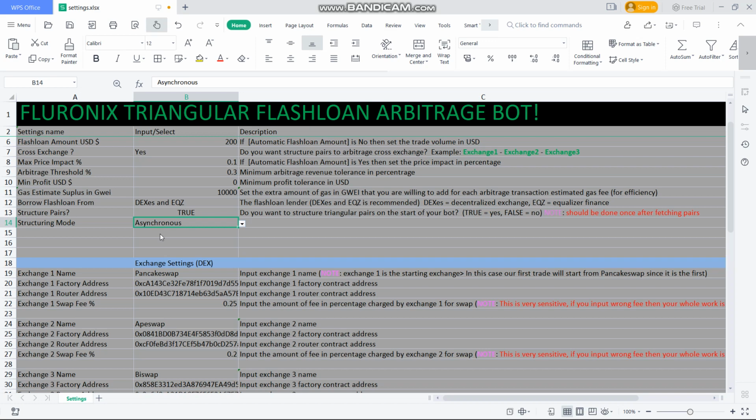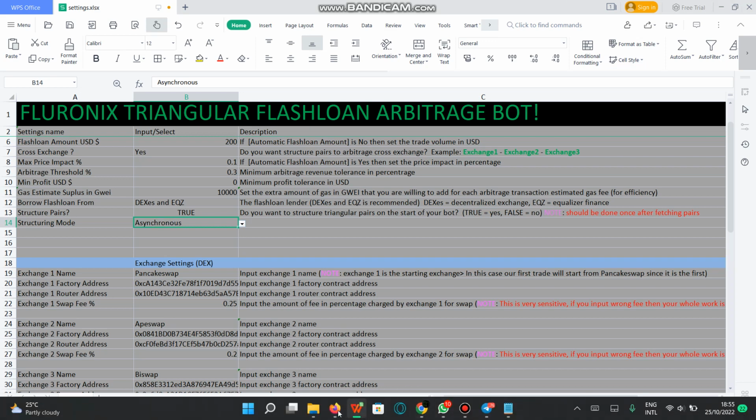But remember that asynchronous structuring mode consumes a lot of processor because it is multitasking. It's using multiprocessing to process the structuring. So if you use asynchronous, it will go 500 pairs at a time. Let me explain what I mean.